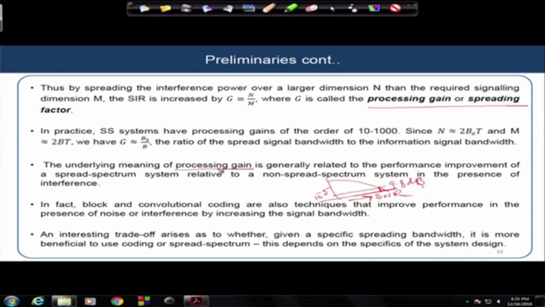With spread spectrum communication, depending upon the factor G involved here, we will get the same 10 to the power minus 5 bit error rate with a much lower SNR. That is how the gain is reflected in the performance of the system.